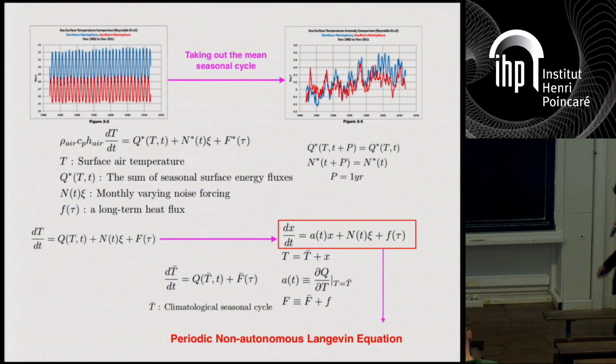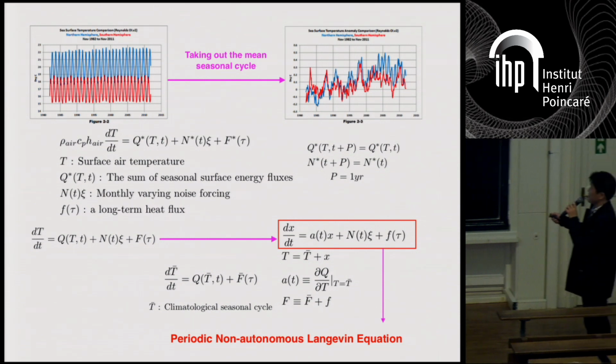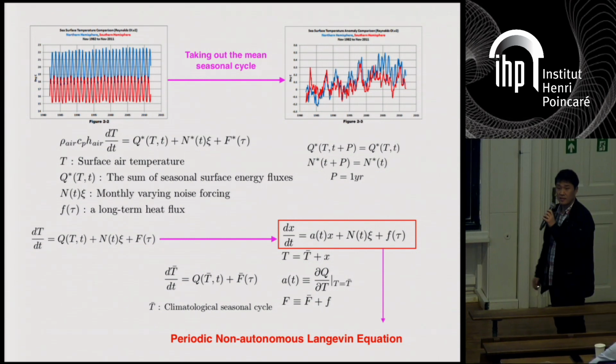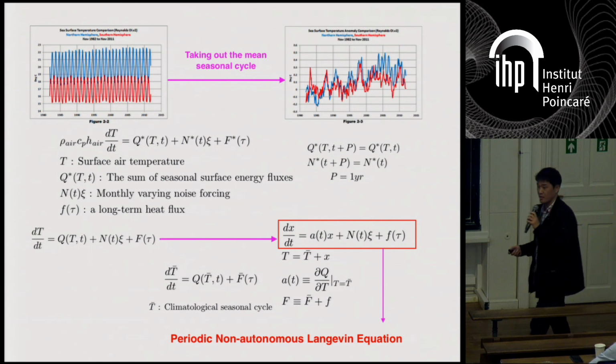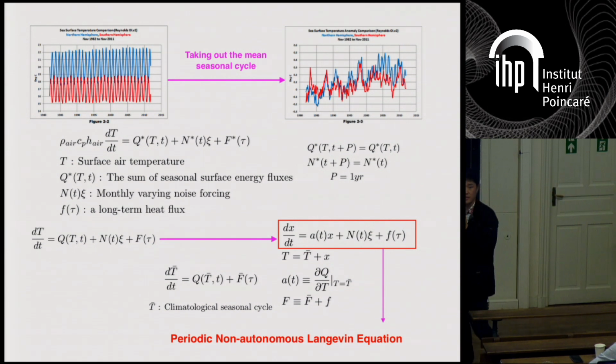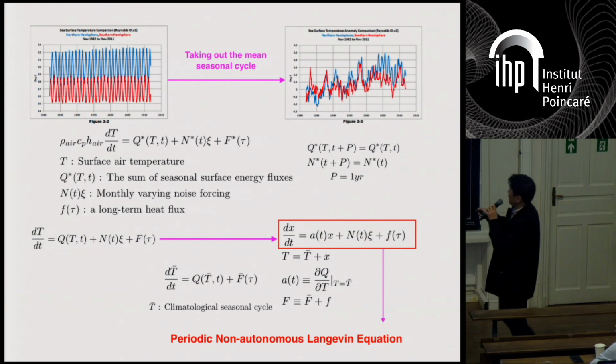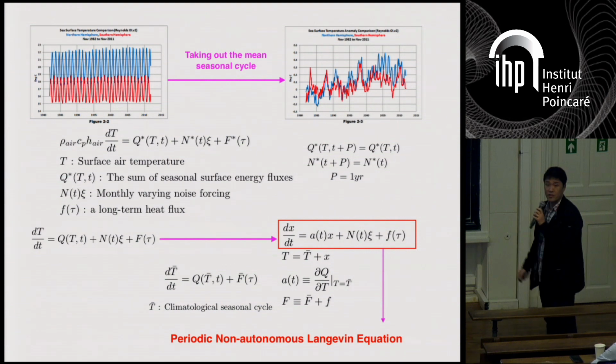Then I'm considering some fluctuation around the mean seasonal cycle, which I'm going to call X. This X magnitude is much smaller than the whole seasonal cycle. So in this model, I'm going to only take the first Taylor expansion terms. In that case, the model for this fluctuation might be approximated by a linear stochastic differential equation.